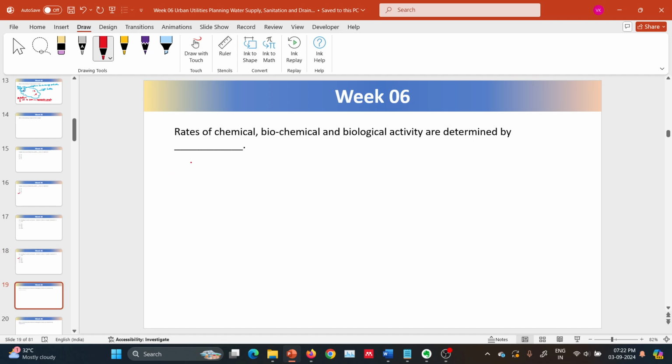Rates of chemical, biochemical and biological activity are determined by temperature. But not only does it depend on temperature, it may depend on other factors too.